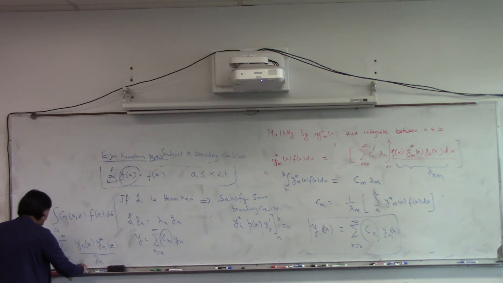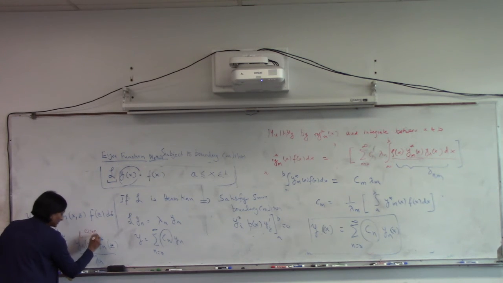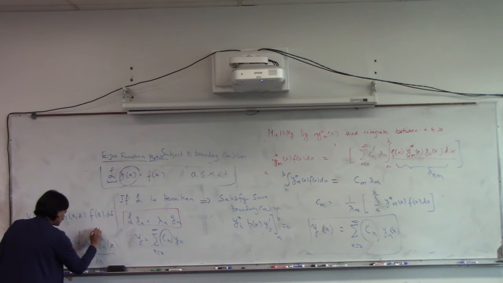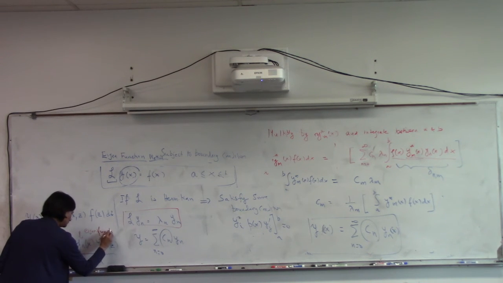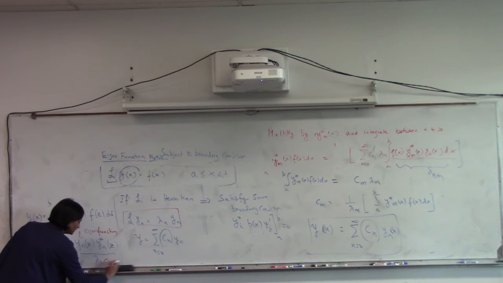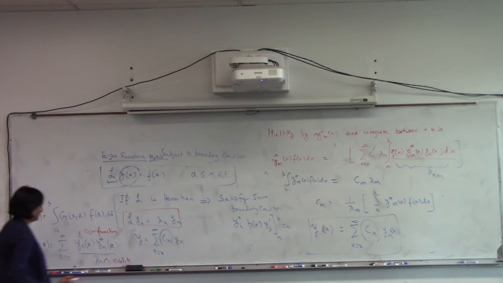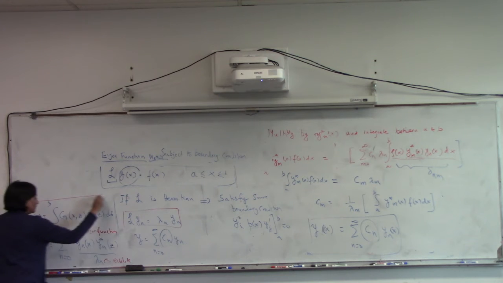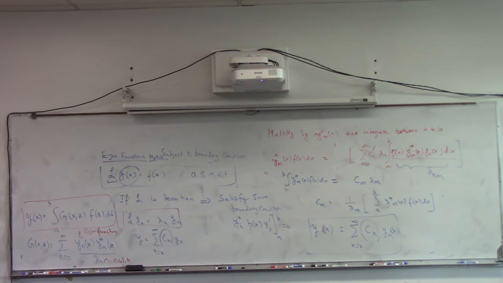So these are eigenfunctions corresponding to the Hermitian operator, and this is your eigenvalue. So the Green's function, this is the method we are using today.